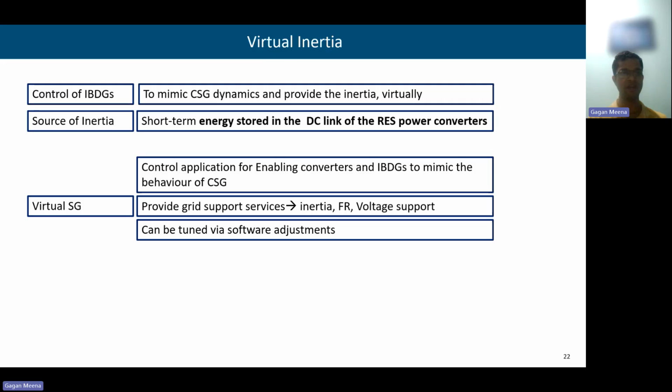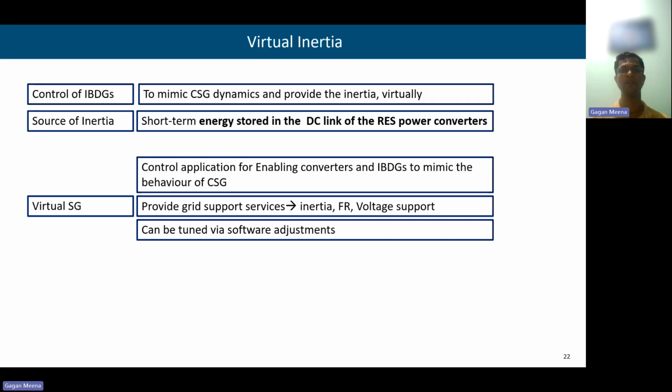And we can incorporate this in the control of these distributed generators itself, and they will be able to mimic the entire behavior. So that is very essential, and can be used whenever required.